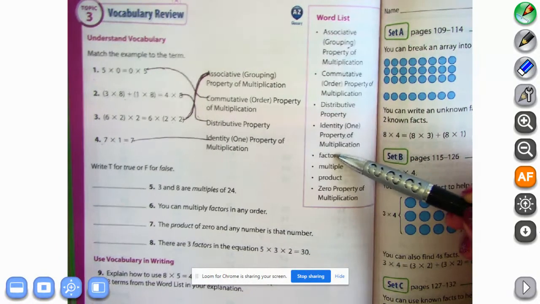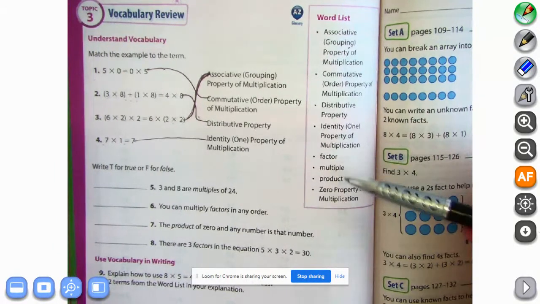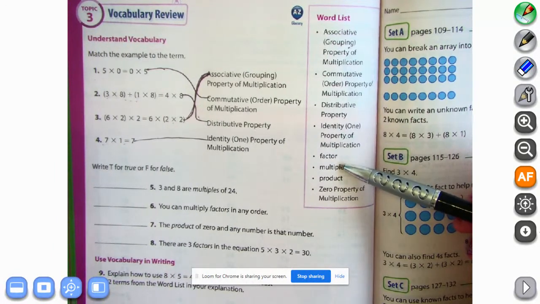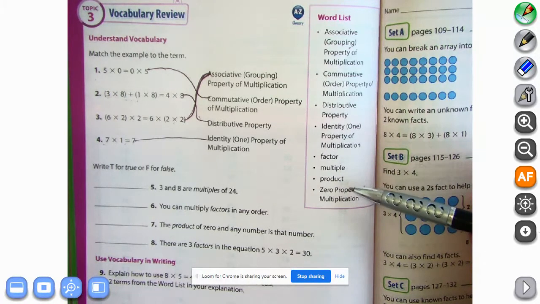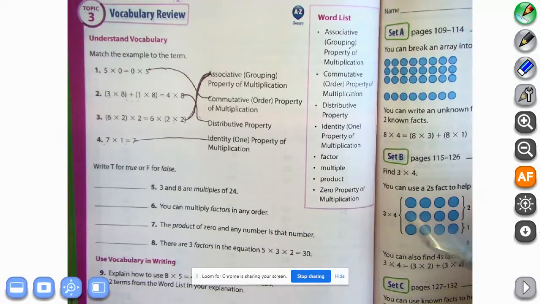We know that a factor is one of the 2 numbers or more numbers that are multiplied together. Multiple means it's a number that would be the product of a particular number. Like if you're skip counting by 2, your multiples of 2, 4, 6, 8, 10, 12, and so on. Product is what we call the answer to a multiplication problem, and the zero property of multiplication is anything times 0 is 0.